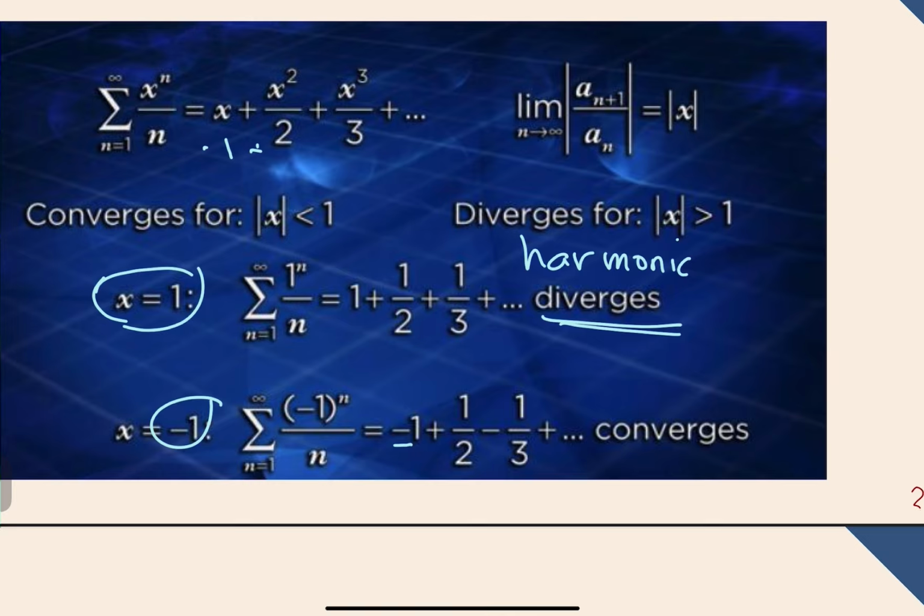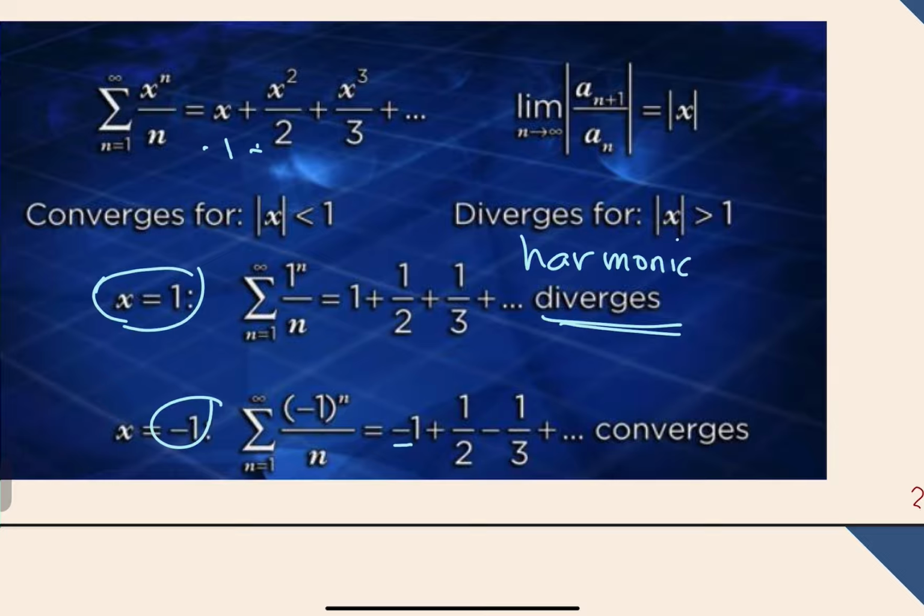Now the question is, how about at negative 1? What happens there? So now it's negative 1 raised to n over n. If n is 1, negative 1 raised to 1, that's negative 1 over 1. So it's negative 1.